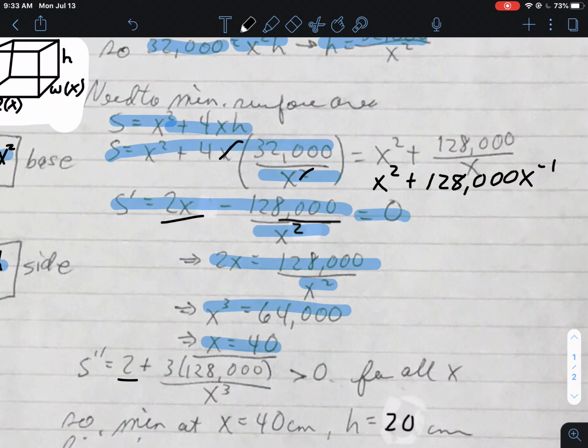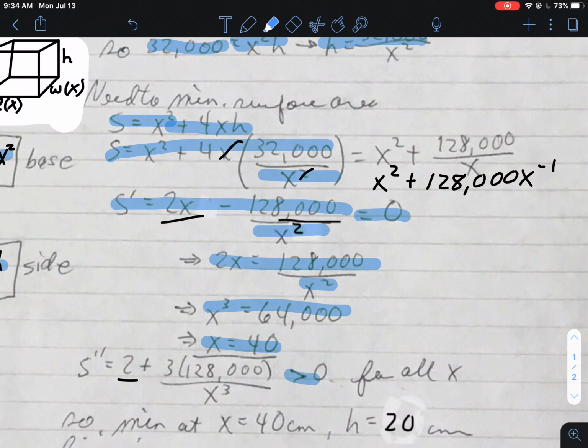Because x is always a positive value, that second derivative would also always be positive. So just for verification purposes, the second derivative is positive for all relevant values of x, and that tells us the graph is concave up, which means I have a minimum value at x equal to 40. That's just the justification there.